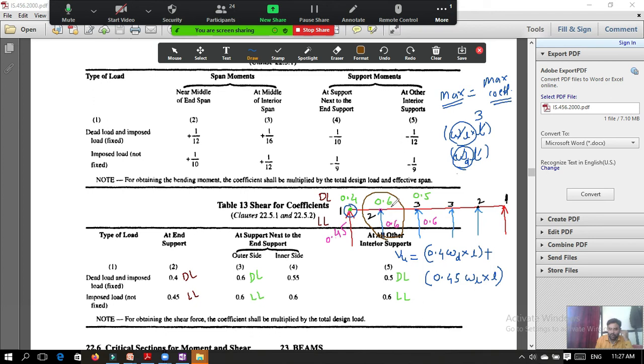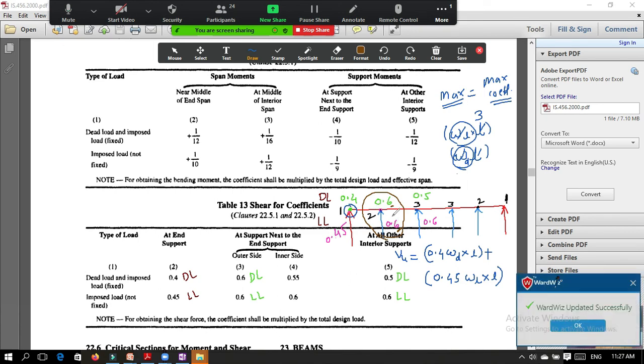Coefficient for dead load is 0.6 and your coefficient for live load is also 0.6, so both are maximum values. Are you getting me? If you go for this, 0.45, 0.6 is greater than 0.45. 0.4, 0.6 is greater than 0.4. 0.5, 0.6 is greater. Again here it is 0.6, 0.6 equal. So at this point you will get the maximum shear force.